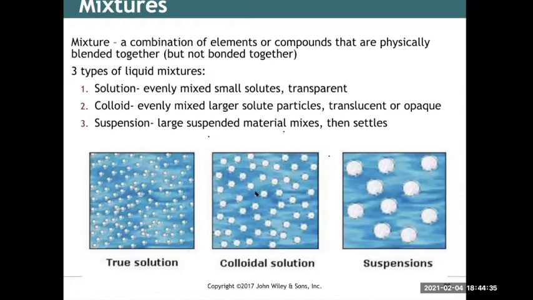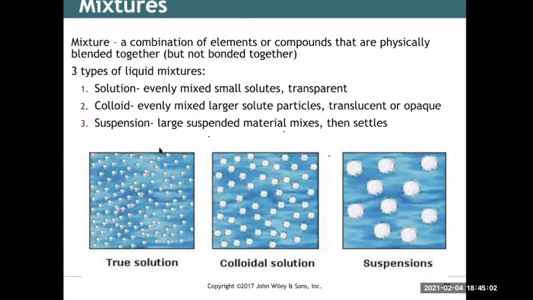They're still in solution, but they're bigger, big enough so that if you shined a light through it, they'd be translucent or opaque, not completely transparent, like milk, right? This is called a colloid. Right over here, bigger particles that are evenly spaced, right? So between these two, this one is just like milk versus salt water or sugar water, right?